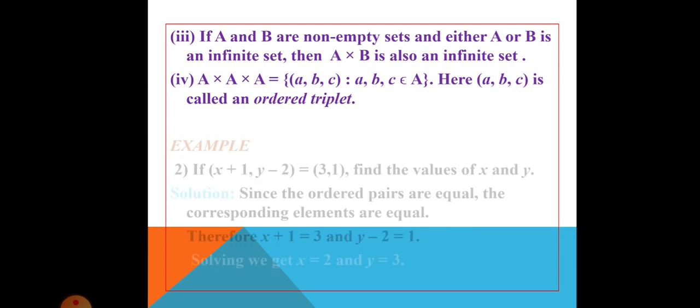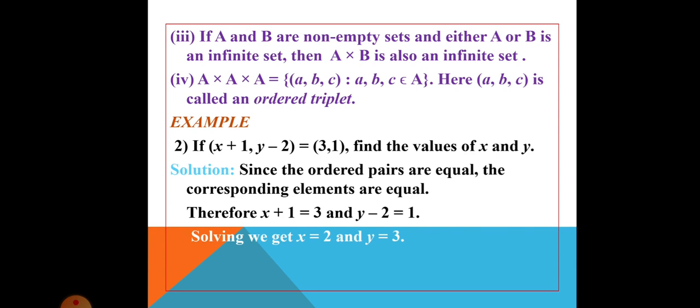Next we have one example. If the ordered pair (x plus 1, y minus 2) is equal to the ordered pair (3, 1), find the values of x and y. In this question, it is given that two ordered pairs are equal. They are (x plus 1, y minus 2) and (3, 1). When we say that two ordered pairs are equal, the corresponding elements are equal.